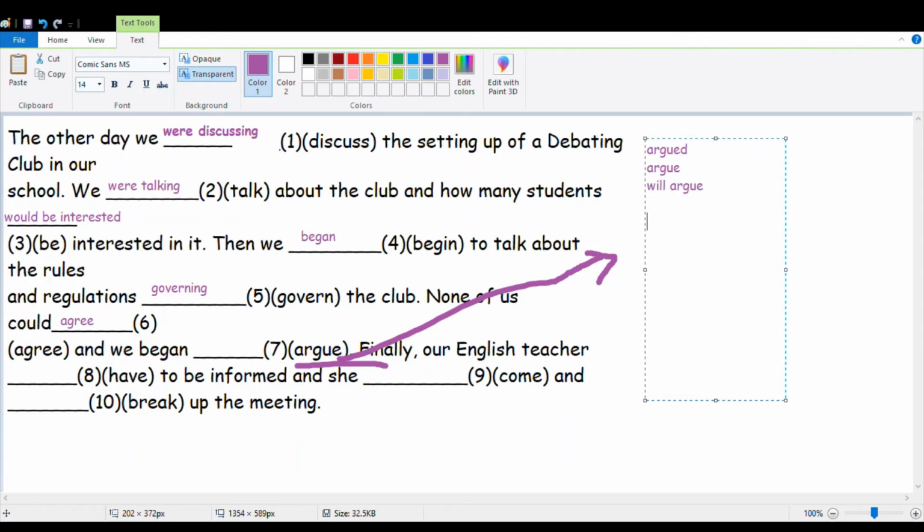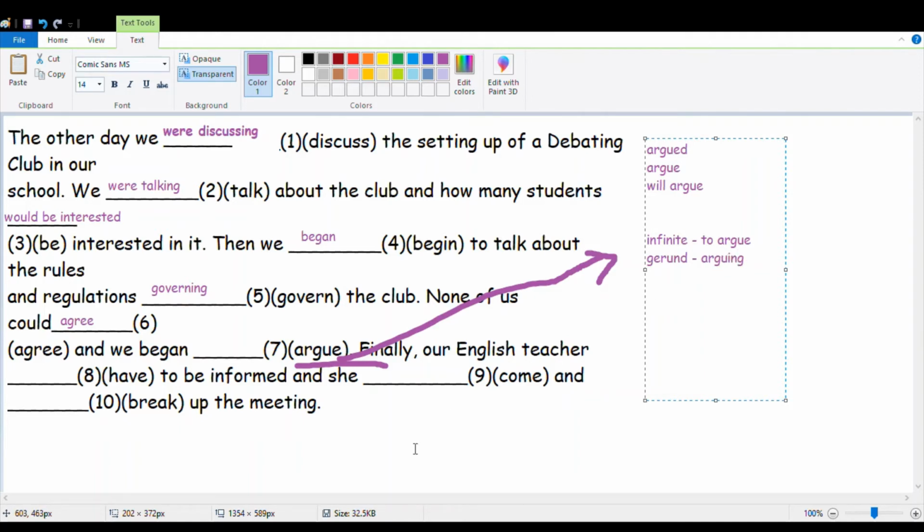Remember how we talked about the two main kinds of non-finite verbs. You have the infinitive, which comes with the word to and uses the present simple tense, so to argue. And then you have the gerund, which just uses the ing, so arguing.